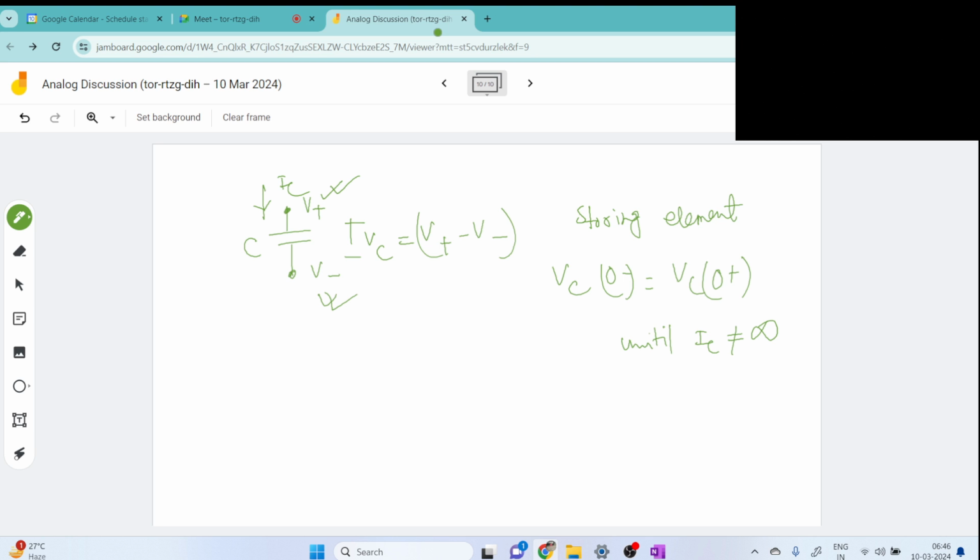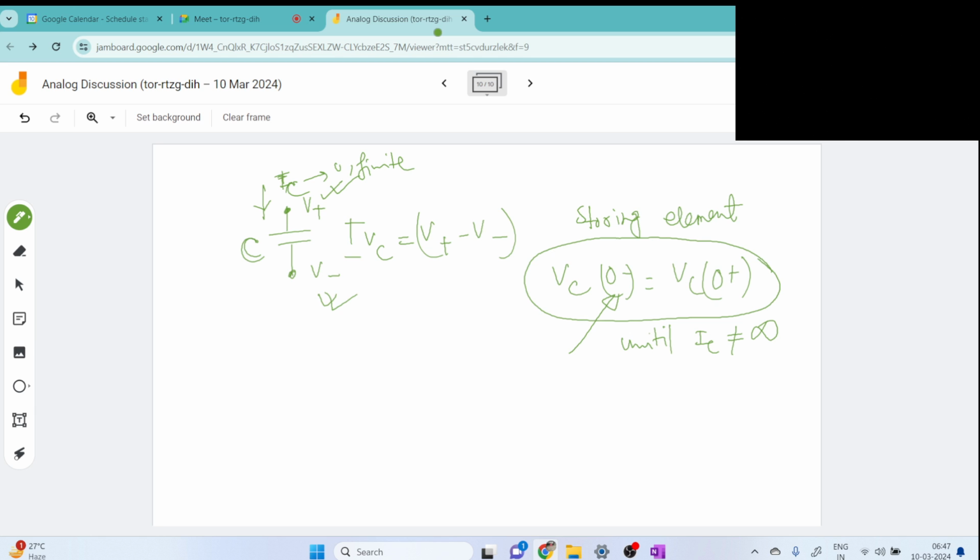Is this clear? If this IC is finite or 0, and 0 is finite, right, then this always holds. The initial value at 0 minus will be held by this capacitor.